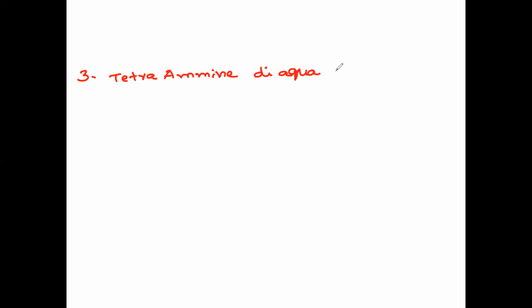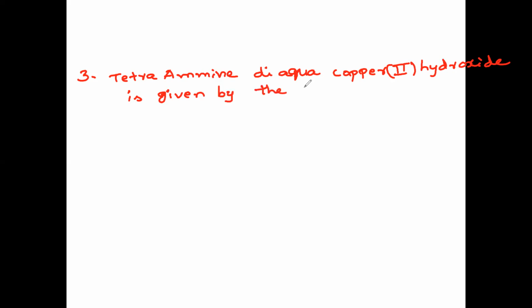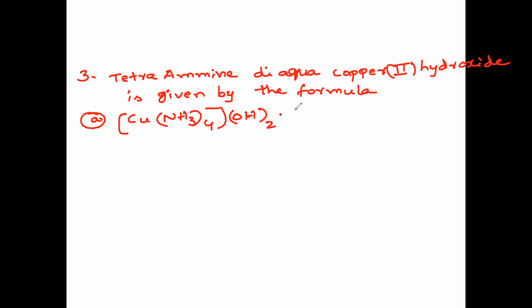Tetraamine diaqua copper(II) hydroxide is given by the formula, option A, [Cu(NH3)4]... (OH)2 outside, dot 2H2O.